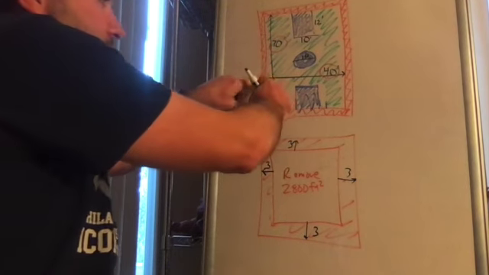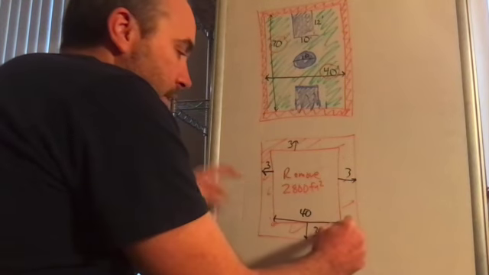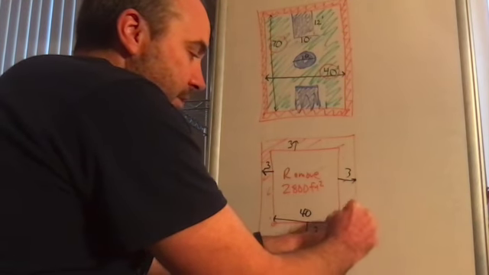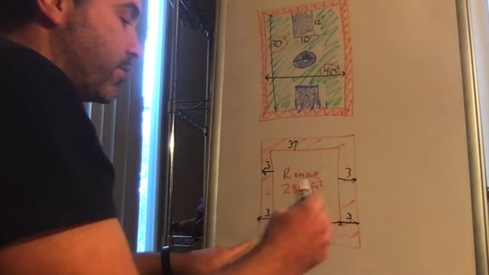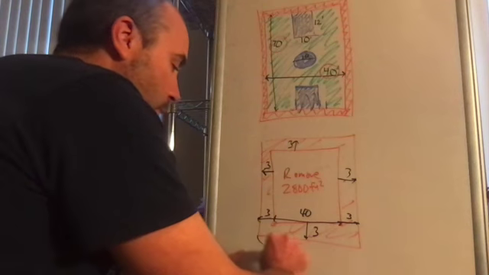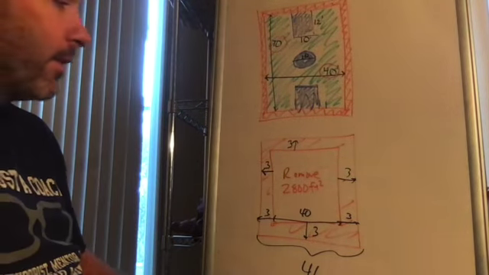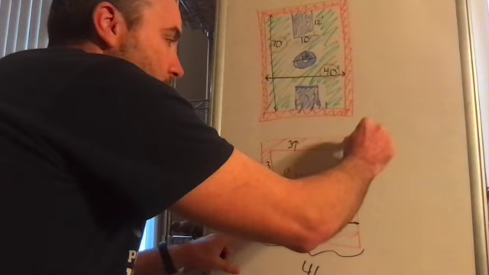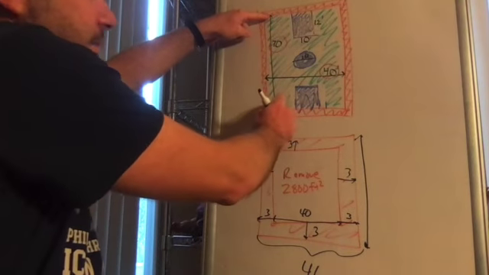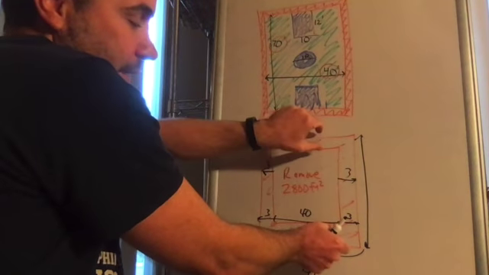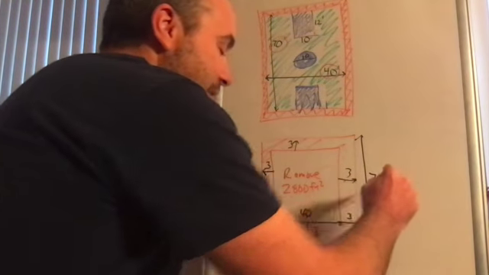So if I'm looking at this as being 40 going across here, to get to the other side of this is another 3, but then I got to go to the other side of this, which is 3. So all together, this whole side is going to be 46 feet. And then same thing going in this direction. All right, so the inside rectangle that we're getting rid of is 70, but we have an extra 3 and an extra 3, so we have an extra 6 total.